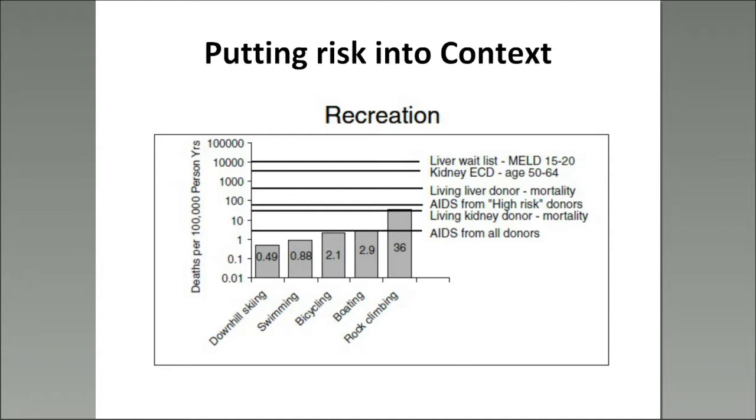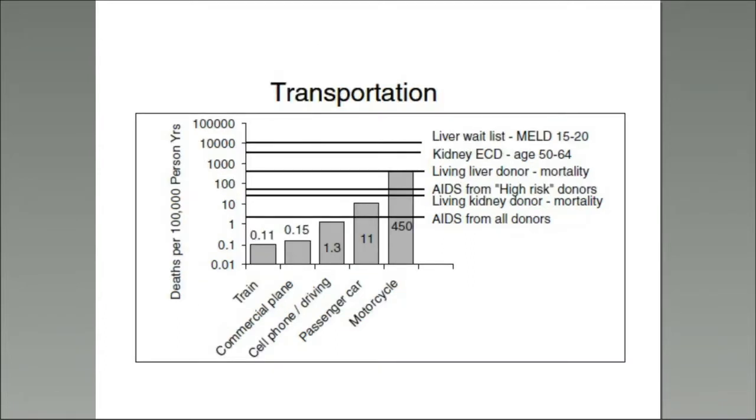It's much lower than being on the liver wait list with a reasonably high MELD or getting an ECD kidney, for example. And the same thing with transportation: the chance of getting AIDS from a high-risk donor is actually lower than dying if you drive a motorcycle.